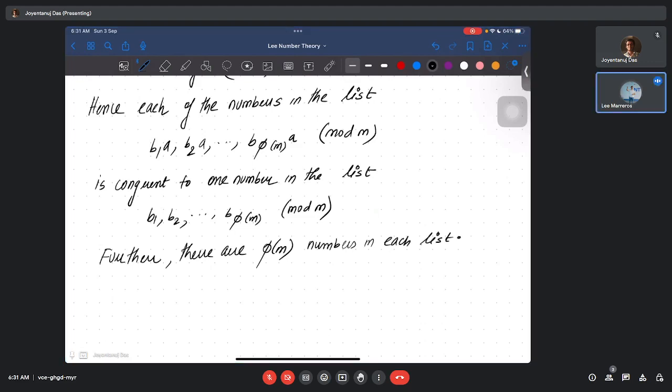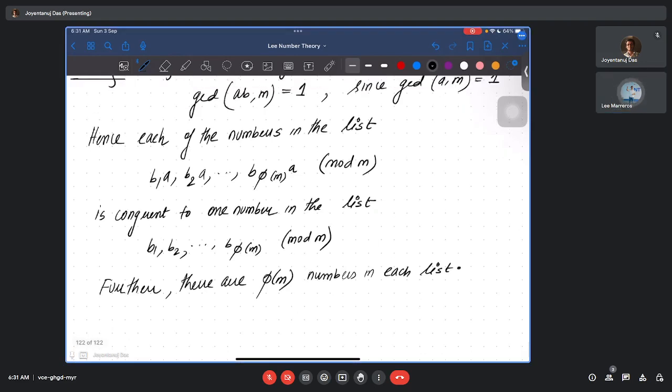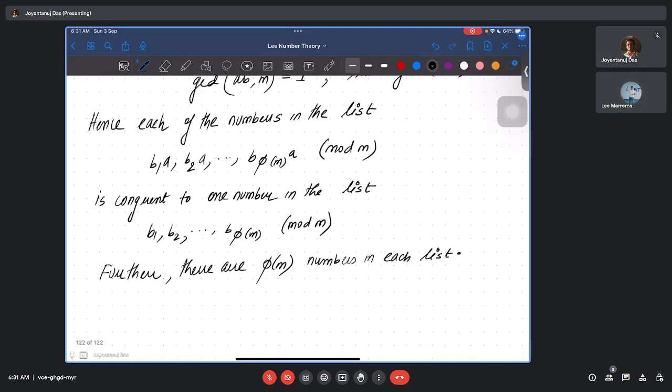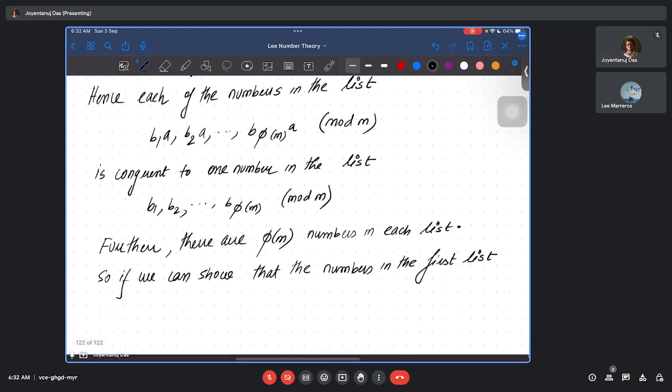So if we can show that the numbers in the first list are distinct modulo M, then we are done.